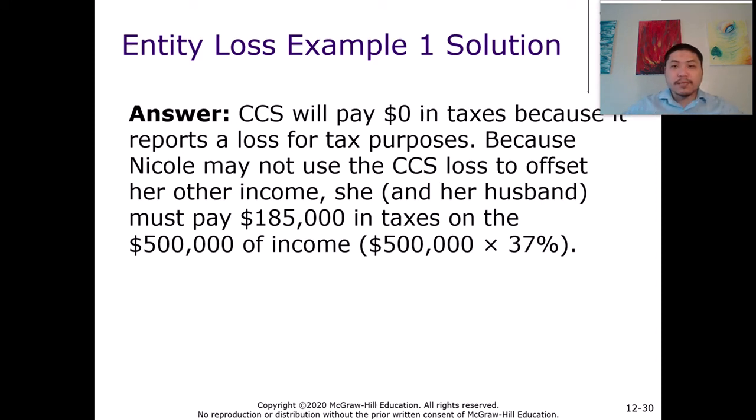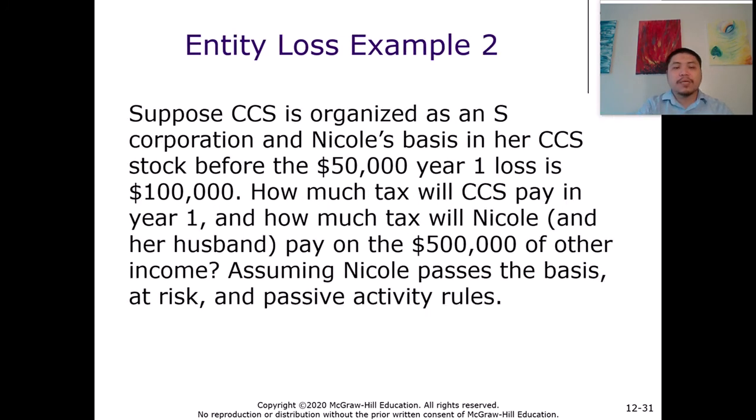And because the company is a C corporation, Nicole cannot use the loss to offset her own personal income. So Nicole and her husband still have to pay 37% on the $500,000 that they make, because they file jointly. So that's the first example.